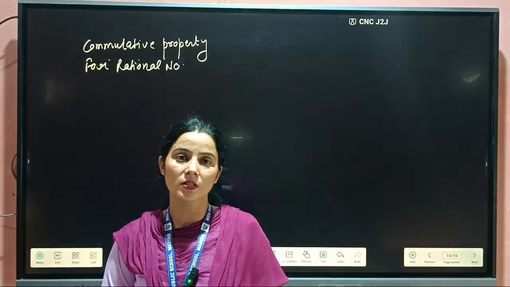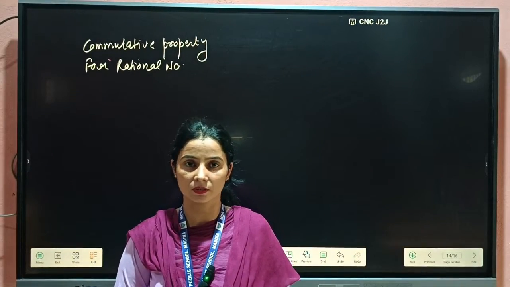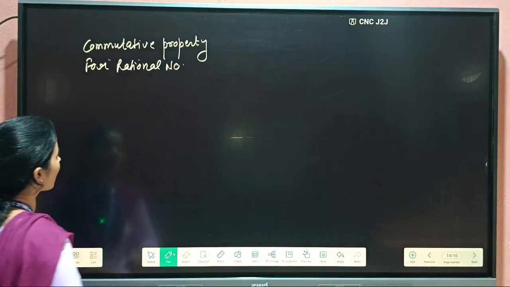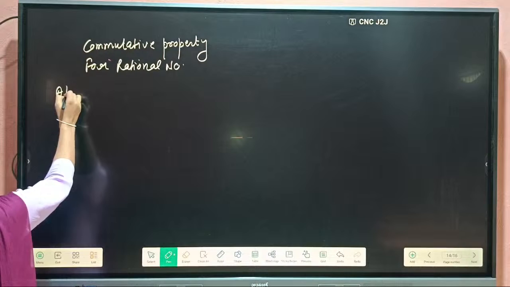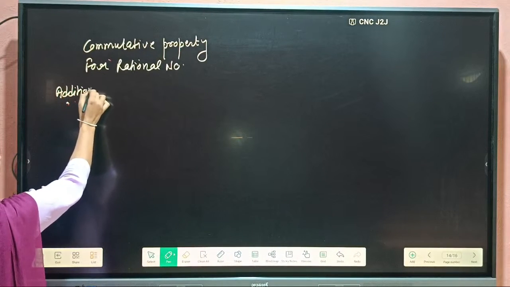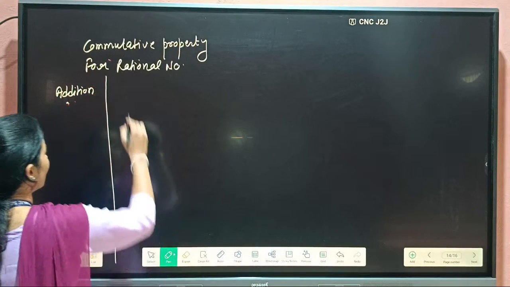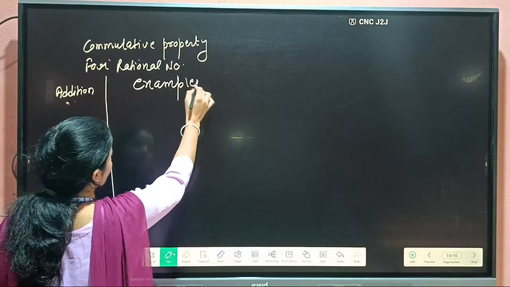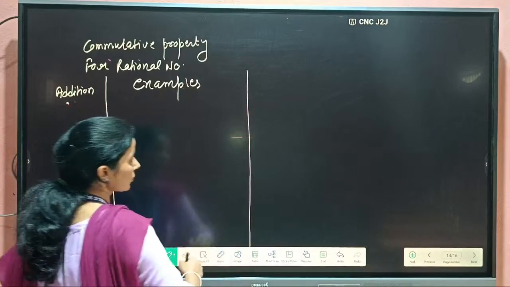Now, for rational numbers, under four operations we will discuss: same addition, subtraction, and multiplication. Let us see first addition, their examples, and then their conclusion we will see.